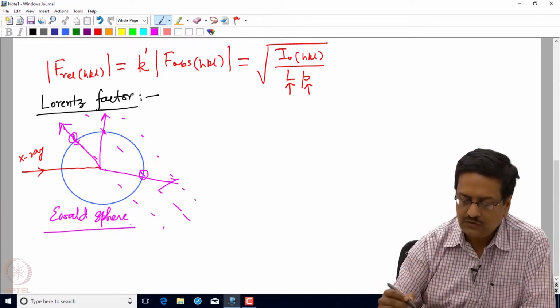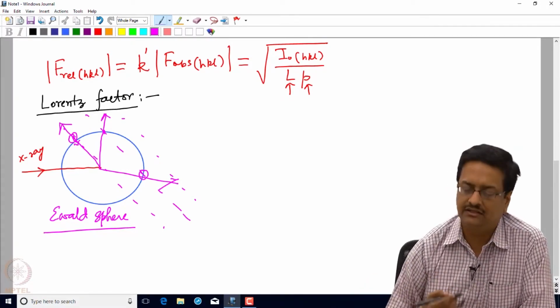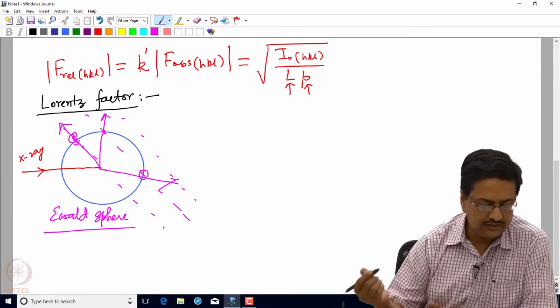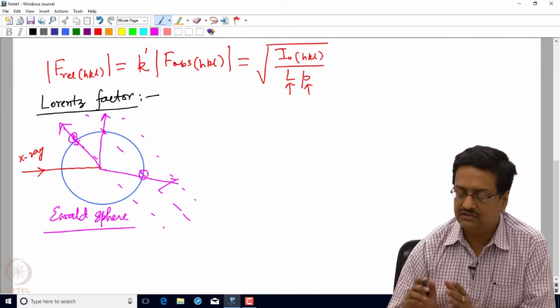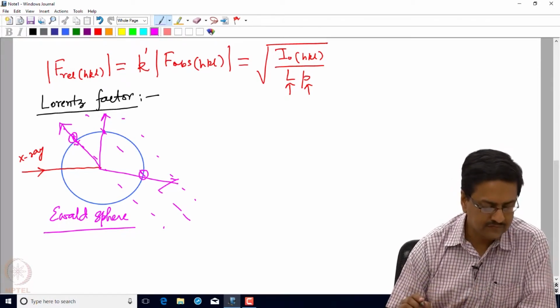So the time taken for each of those reciprocal lattice points passing through the Ewald sphere is different, and that difference in time is dependent on where the reciprocal lattice point is.